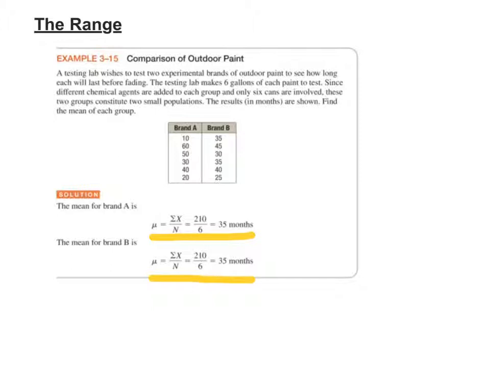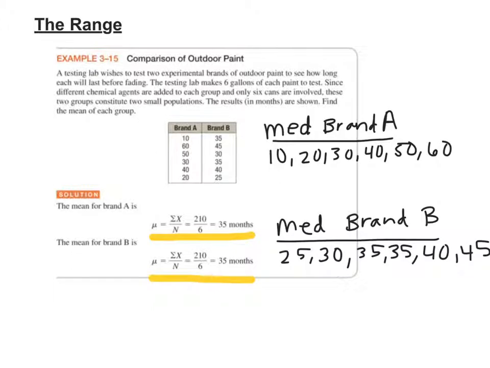Let's look at the mean and the median. So let's take a look at the median for brand A and for brand B. The median for brand A will be right here at 35. The median for brand B is right here, also 35.